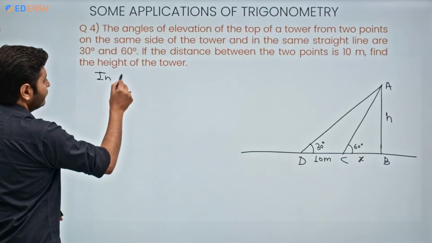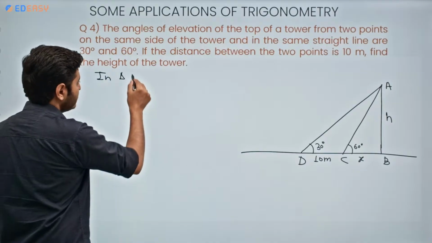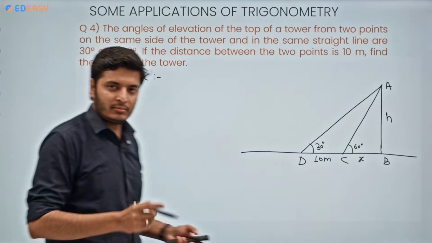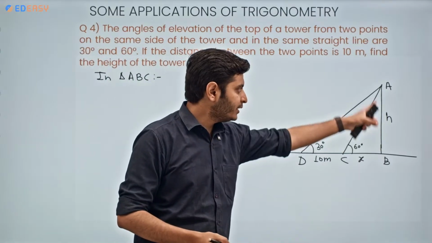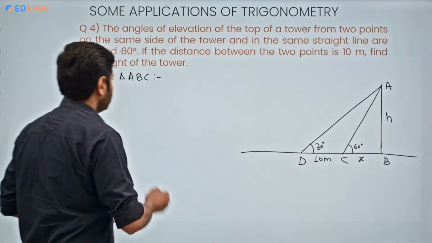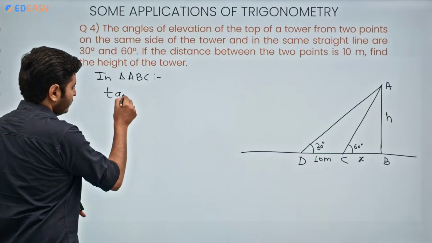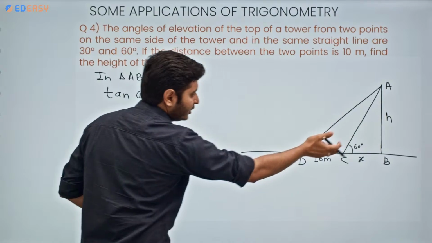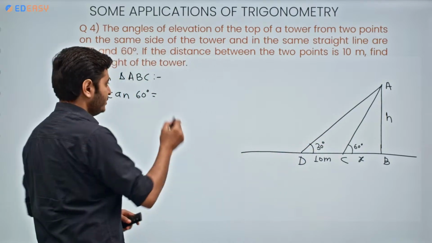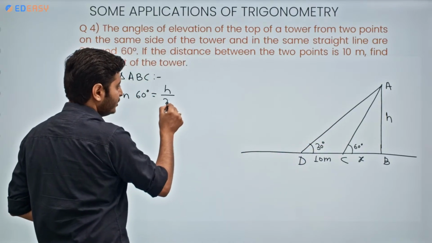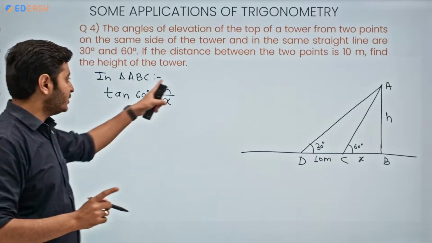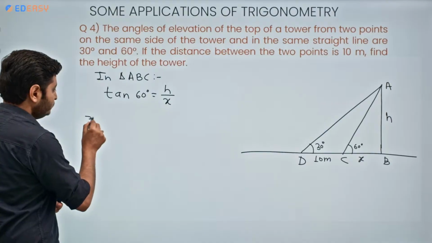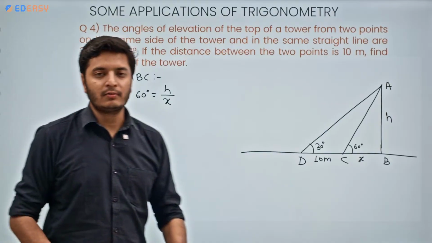After writing everything, after explaining your figure, you are going to write: in triangle ABC, we can apply tan 60 degrees, correct? Because we are dealing with perpendicular and base. So tan 60 degrees is equal to perpendicular AB by base BC. I am directly writing, but in your exam sheet, you will write everything, AB by BC, then you are going to substitute the values. Now, tan 60 degrees is what? Root 3.